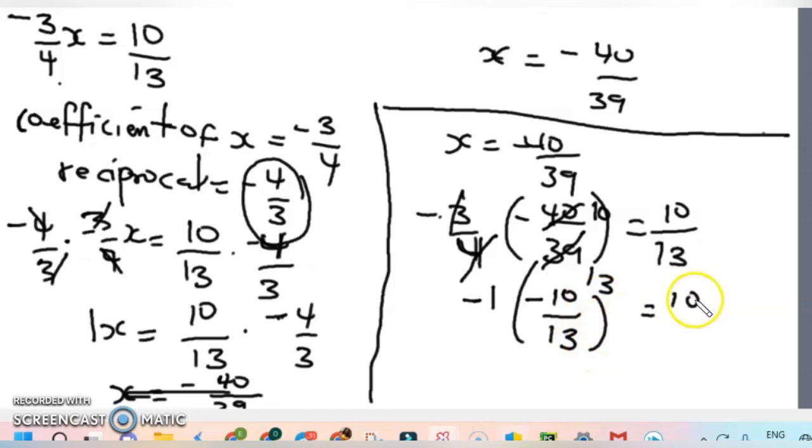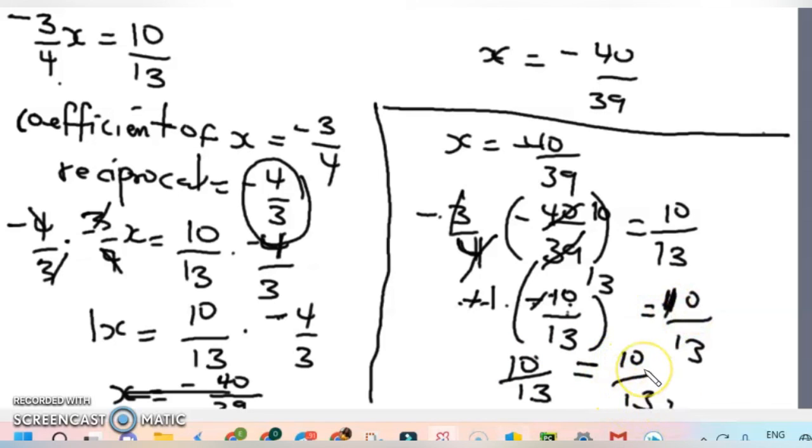A negative number times another negative number gives us a positive number. So negative 1 times negative 10 equals 10. Hence we have 10 over 13, which is equal to what we have on our right hand side. So we have been able to check whether our answer is correct.